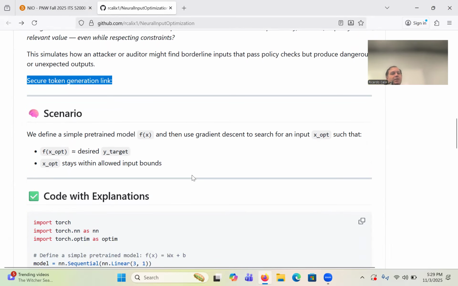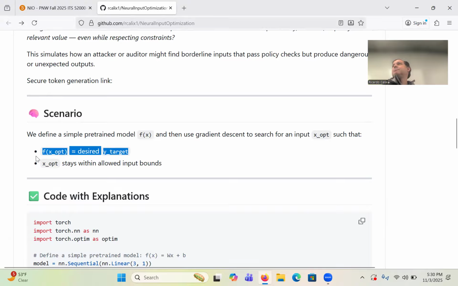So the scenario is we define a simple pre-trained model, f(x), right? This is just a model, a neural network, and then use gradient descent to search for an input x_opt such that x_opt provides the desired output. That's it. And we don't even need to have data when we're doing this optimization because you can define losses.